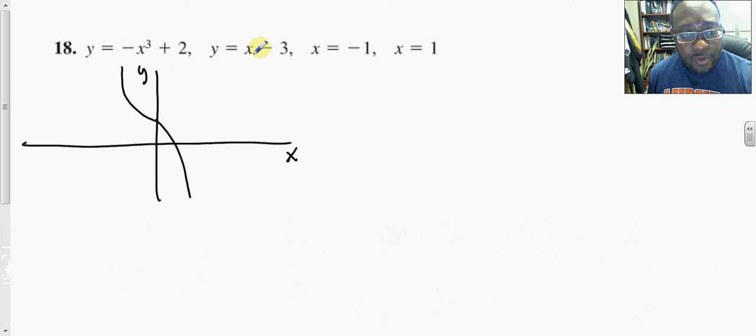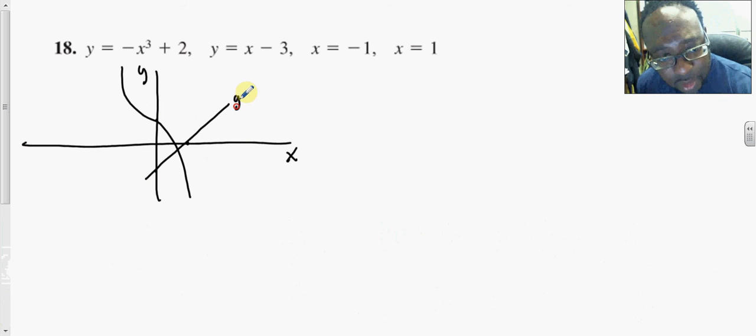And then for the graph y equal to x minus 3, if x equal to 3, then y is equal to 0. And then if x is equal to 0, y is equal to negative 3. So let's say we're somewhat here. And so this is y equal to x minus 3.